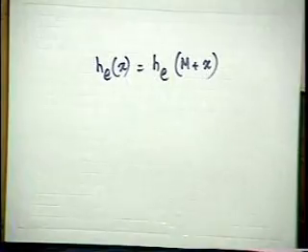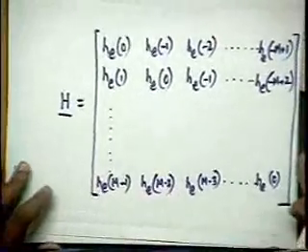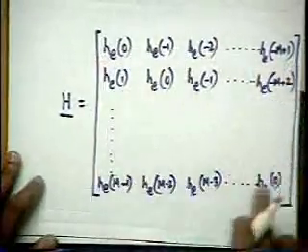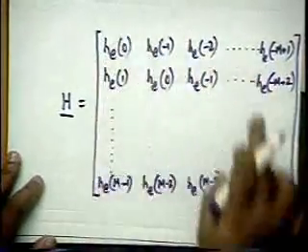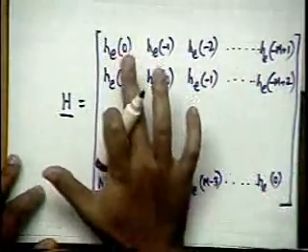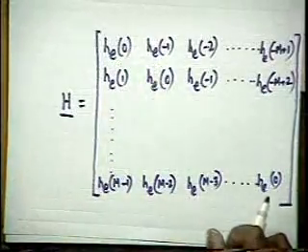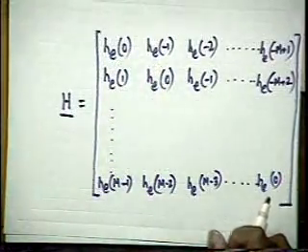If we make use of that property, then it is possible for me to represent all the elements of this capital H matrix, with the arguments always within the limit 0 to M minus 1.